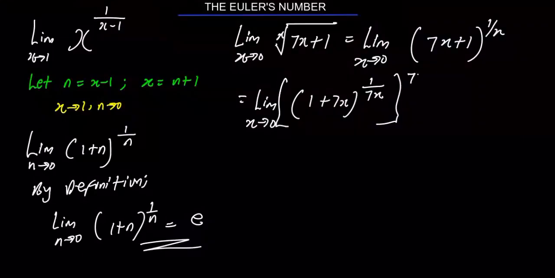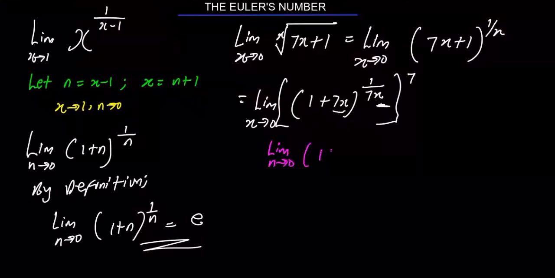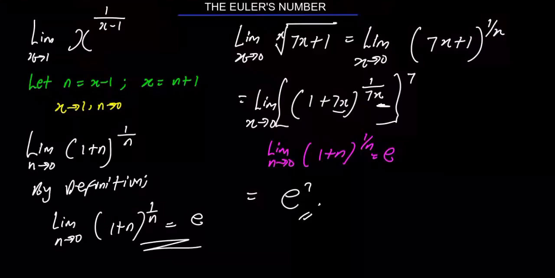Because if I divide this out, I'll still have what I'm having. And you observe that this follows the identity: the limit as n tends to 0 of (1 plus n) raised to the power 1 over n is e. So since we know this, our final answer is e to the power of 7. And that's our final answer.